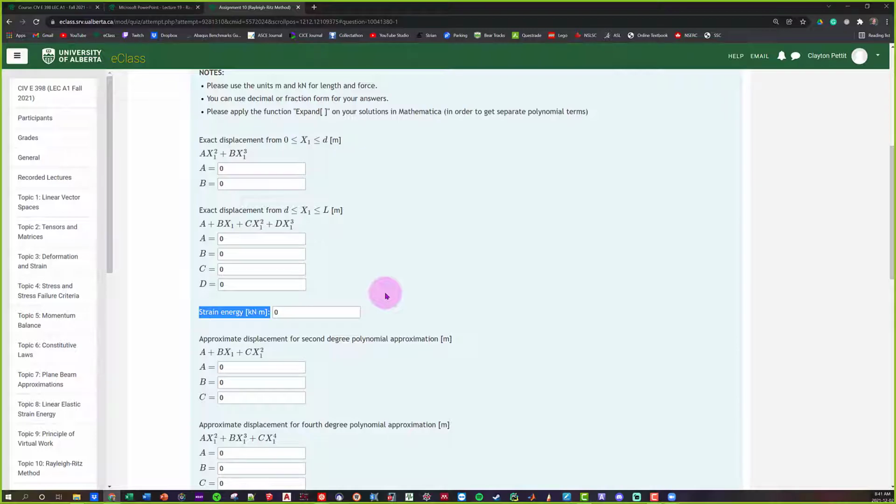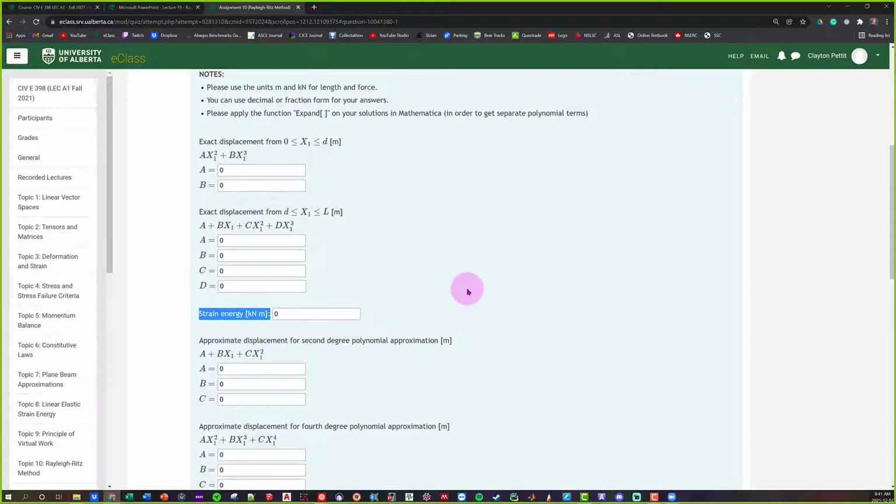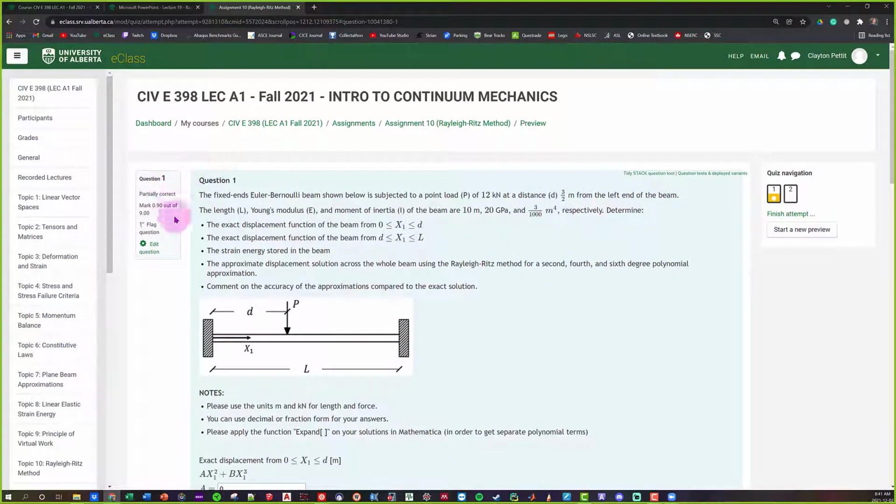We need to integrate from 0 to L, negative h over 2 to h over 2, as well as b, right? I'm hoping that you guys remember that. Question for you all, though. Does the assignment give you what the height and the base of the beam are? What do you think? Does it give you the height and the base of the beam?